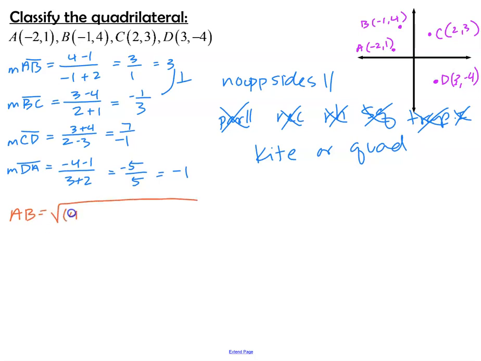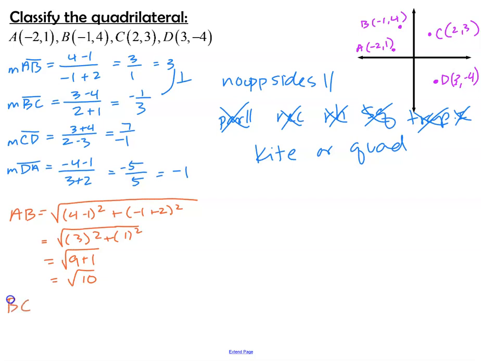Here we have 4 minus 1 squared plus -1 plus 2 squared. This is going to simplify to 3 squared plus 1 squared, which is 9 plus 1, and that is the square root of 10. I would not simplify it. This one you can't, but I wouldn't even try because you're not going to need to.